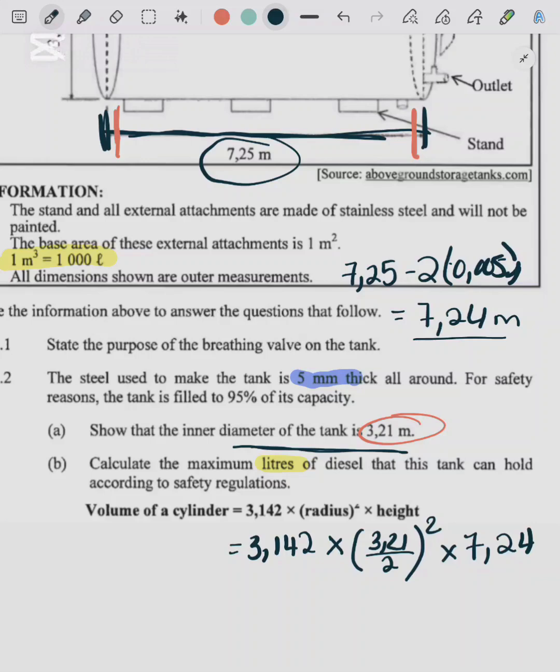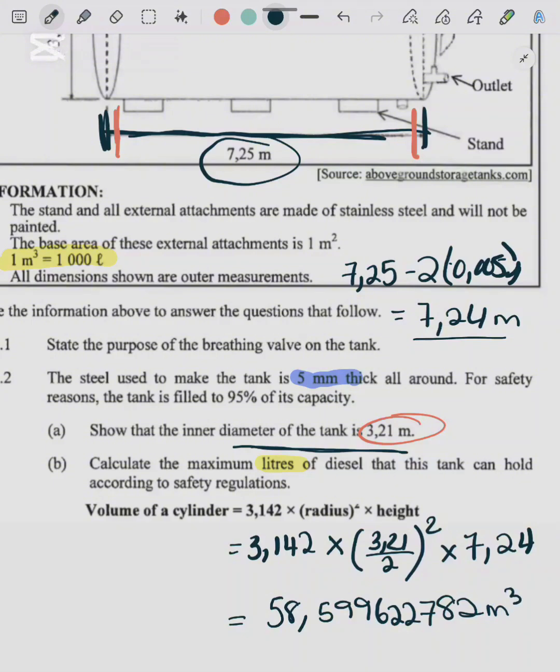Now we can just pop that into our calculator, and we're going to get 58,599 6227 82. And that's in meters cubed.